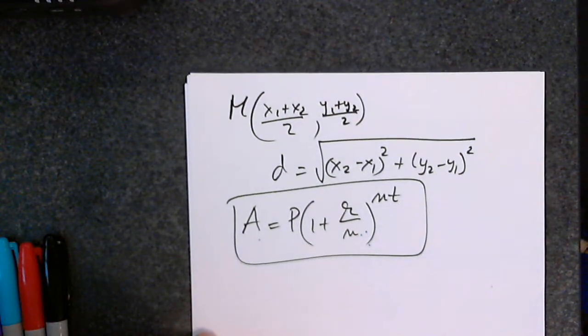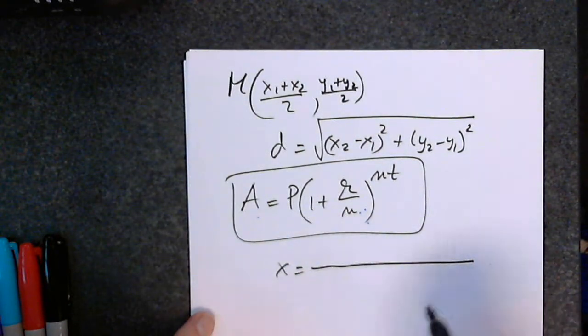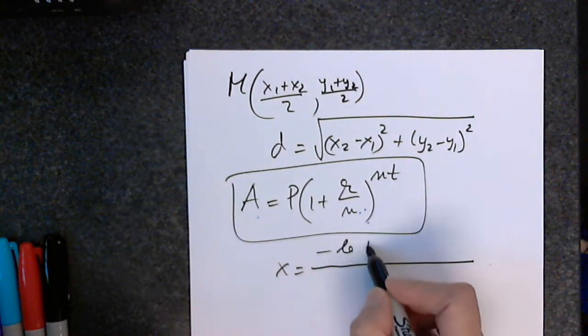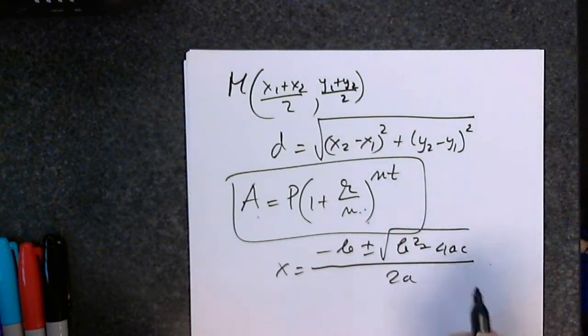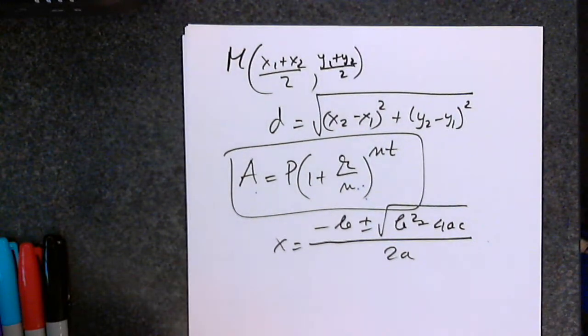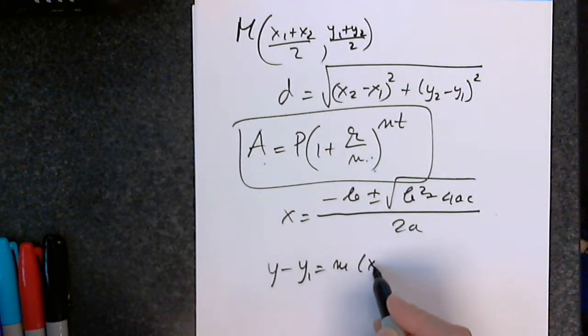You should know the quadratic formula, because your next steps in math are based on what you learned here. Okay? So it's negative b plus or minus the square root of b squared minus 4ac, over 2a. Now y minus y1 equals the slope times x minus x1.